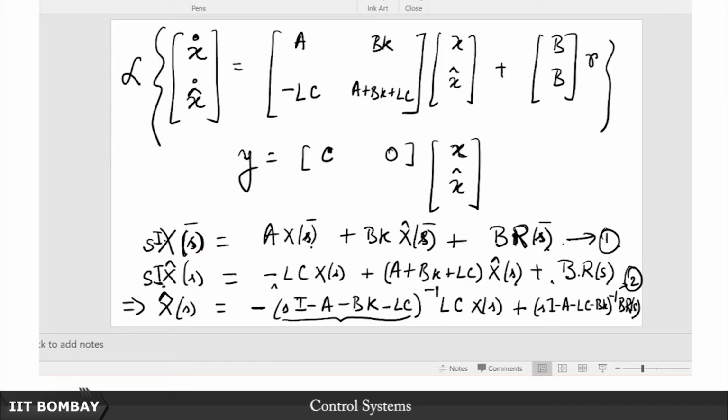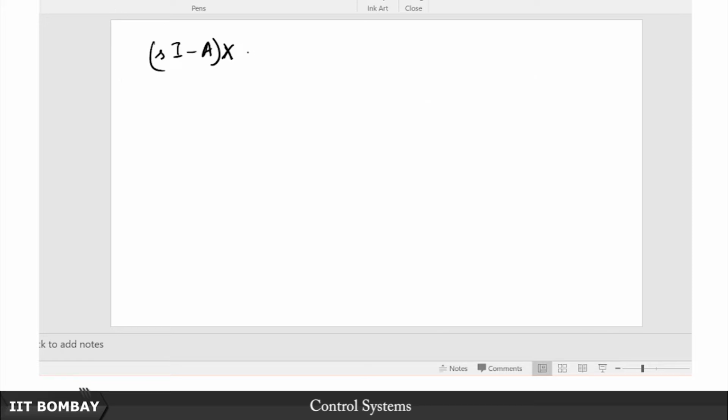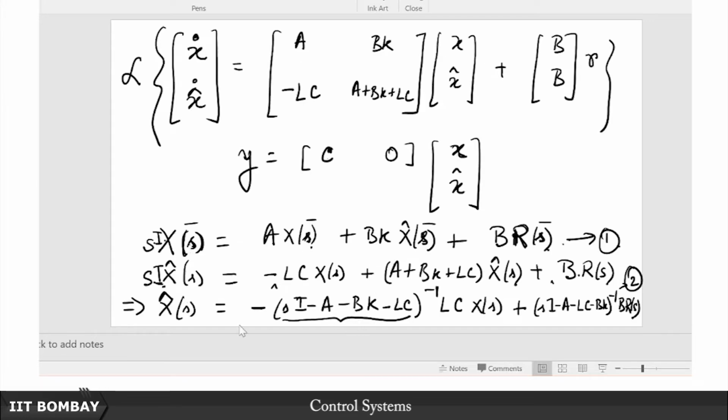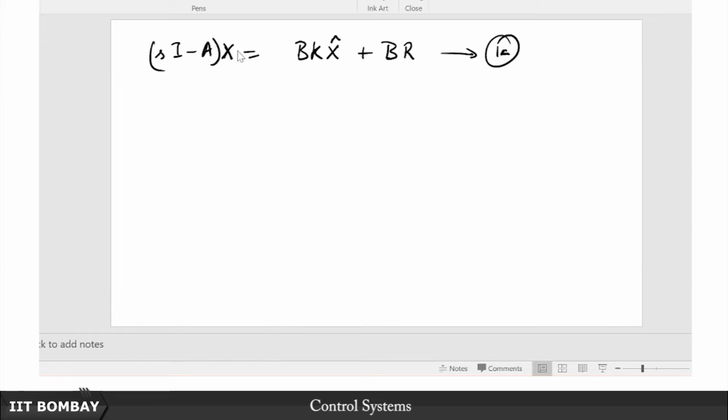So this is BK times x hat plus BR, another way of rewriting this, so let me call this 1a, and this 2. Now I am going to plug in this x hat, so let me substitute this x hat from 2. So then what do I get?